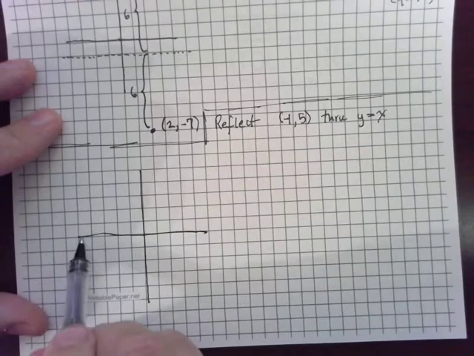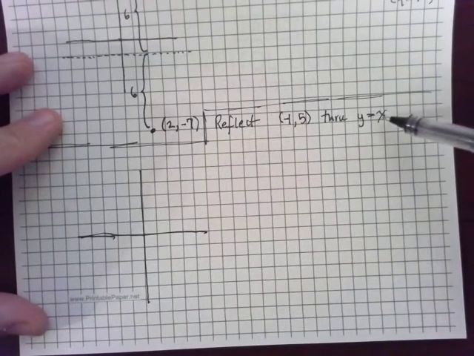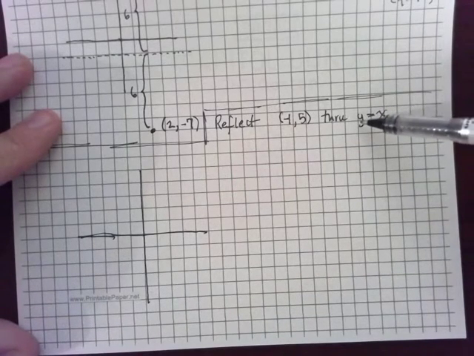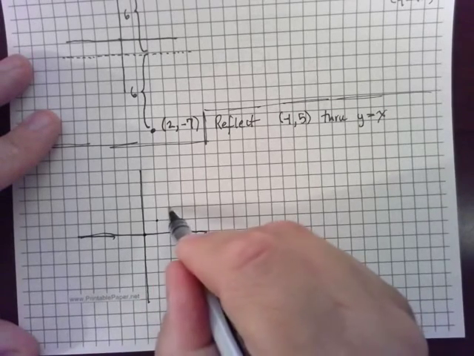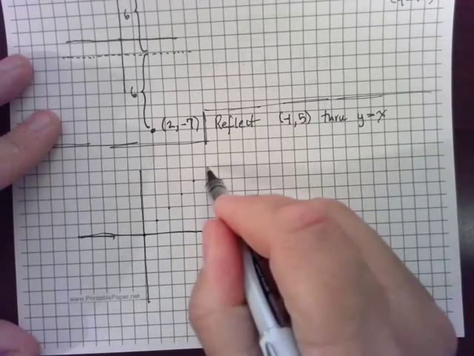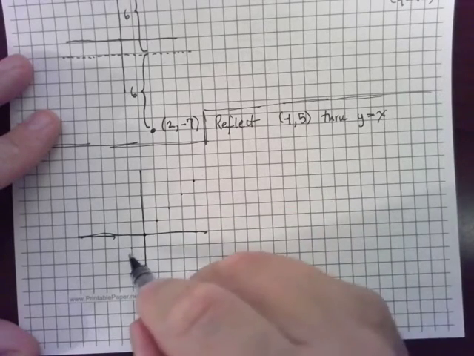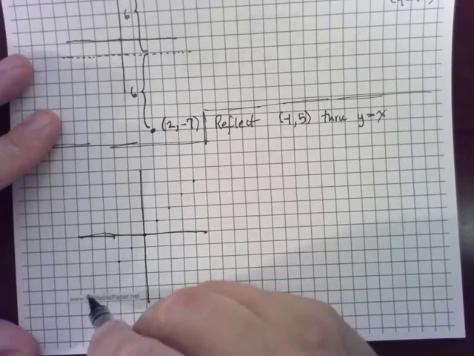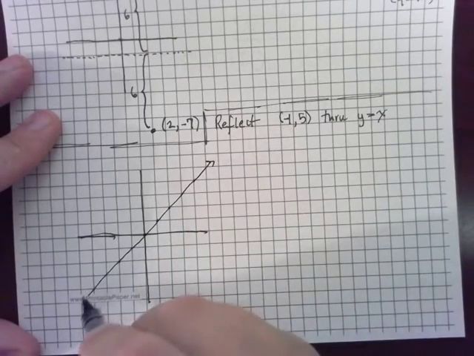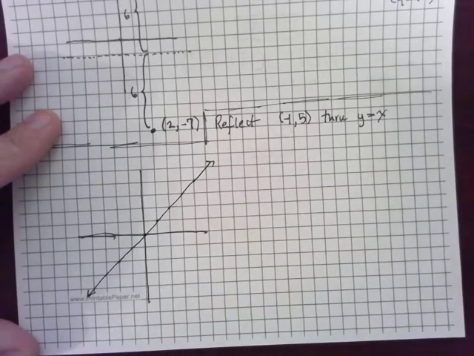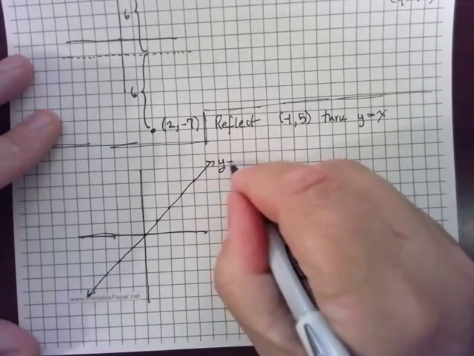You could think y equals mx plus b, but there's a very simple way to understand what this line is. This is the line where the x-coordinate and the y-coordinate are always the same. So it contains 0, 0, 1, 1, 2, 2, 3, 3, 4, 4, and down here as well. So the line y equals x is this diagonal line going up at 45 degrees, going through the origin. This is the line y equals x.